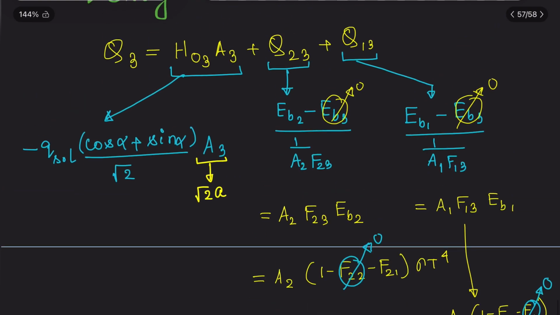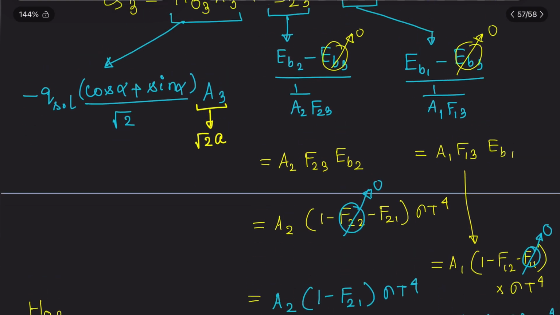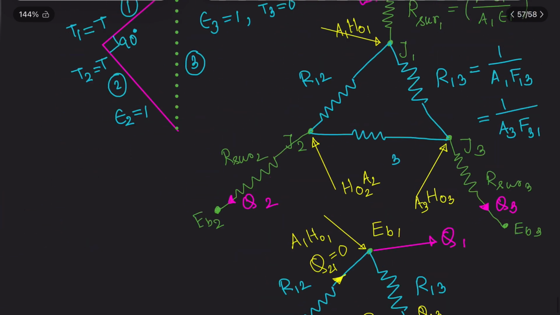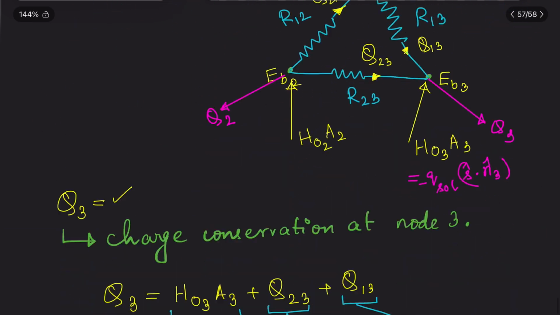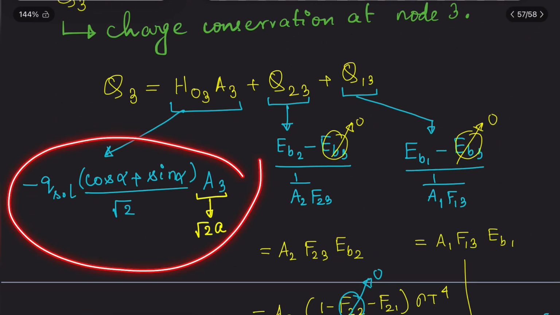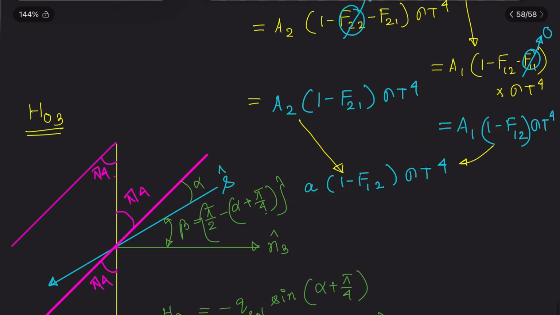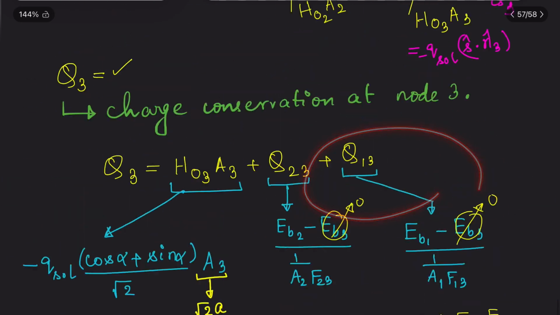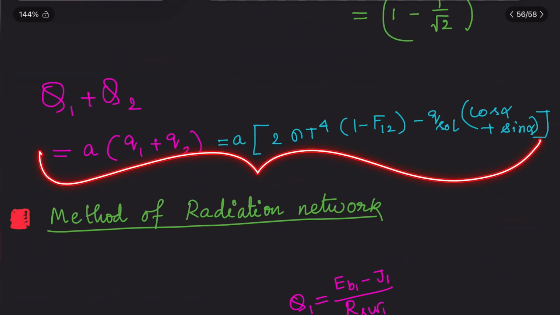So if you now add all these three terms, you can do it by yourself, you will see that I am getting the same expression, this expression. I know the final expressions of those terms, so if I add all three, I will get this equation only.